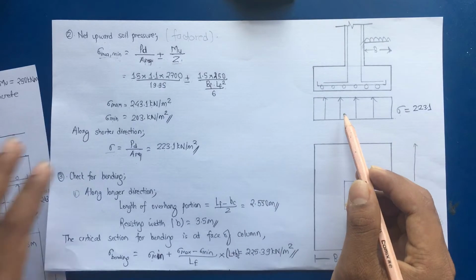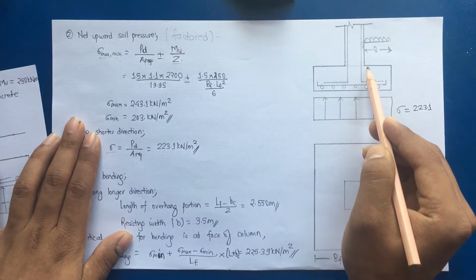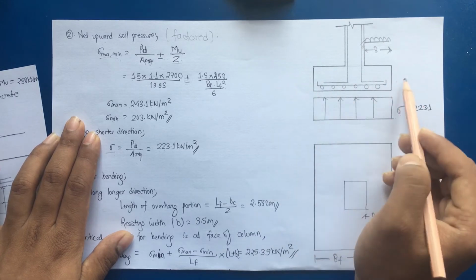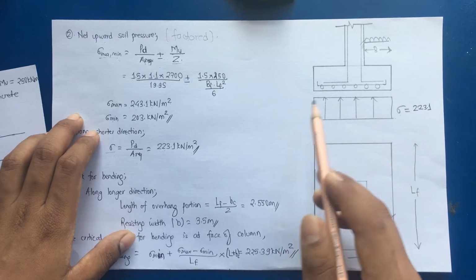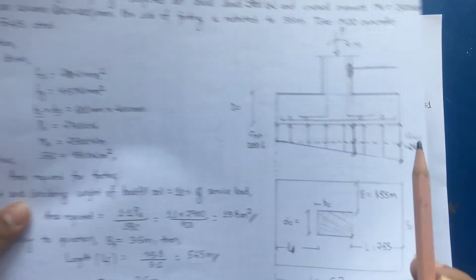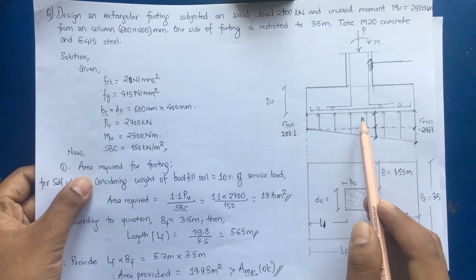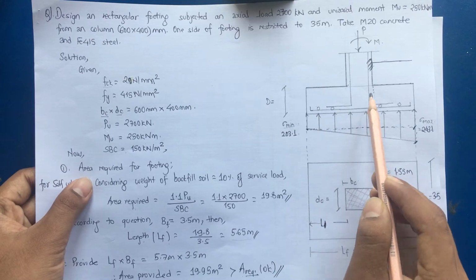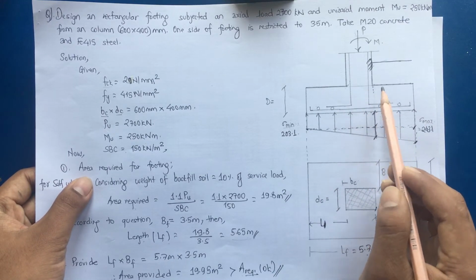In case of uniformly distributed load, the soil pressure at the face of the column as well as at any point of the footing is the same throughout the section, so it won't be a confusing case. But for the non-uniform soil pressure, the pressure at different sections will be different, so we have to calculate the exact pressure at each section.